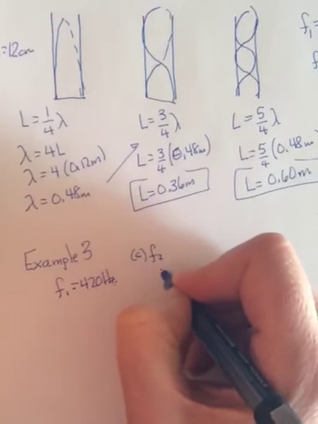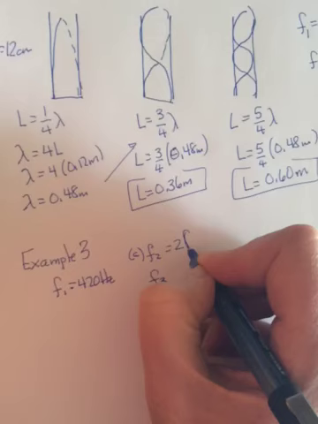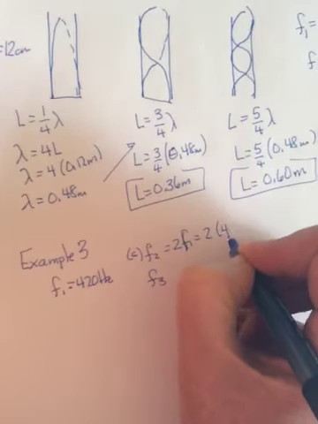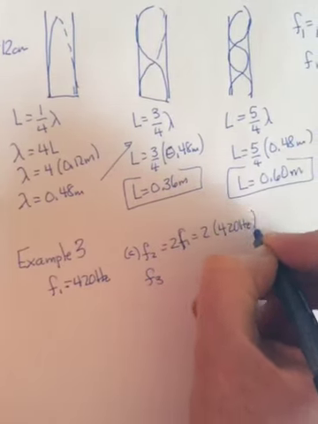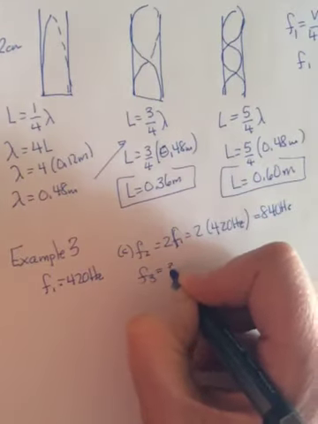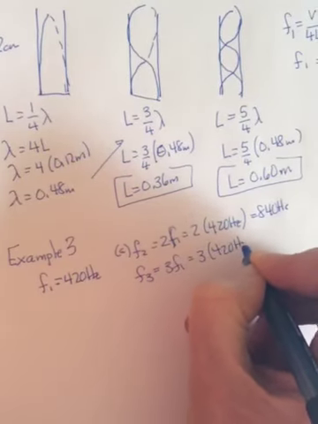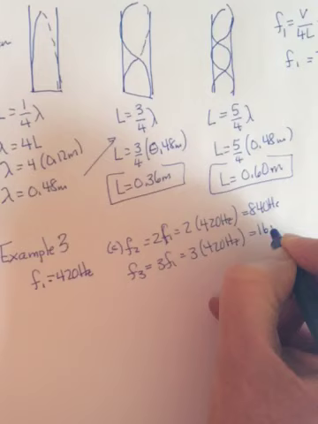Because it's opened at both ends, they're asking for F2 and F3. So 2 times F1, so 2 times 420, which should be 840. And 3 times 420, which should be 1260.